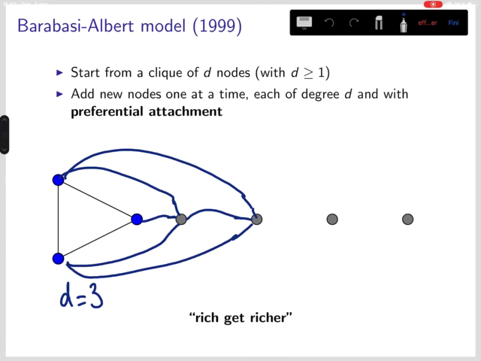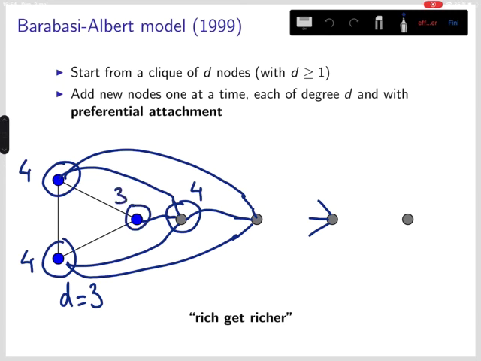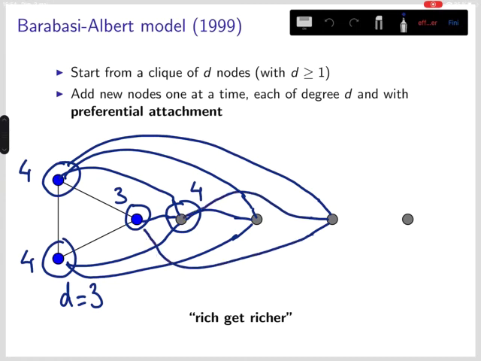Now for the next node, again you will attach this node to the previous nodes by 3 edges, but now there are 3 nodes having degree 4 and 1 node having degree 3, and so it's more likely that you will be connected to the nodes of degree 4. It's not a rule, you may be attached to the other one, but it's more likely.